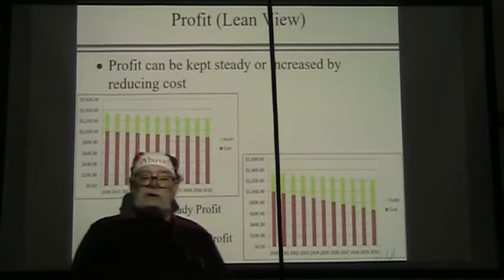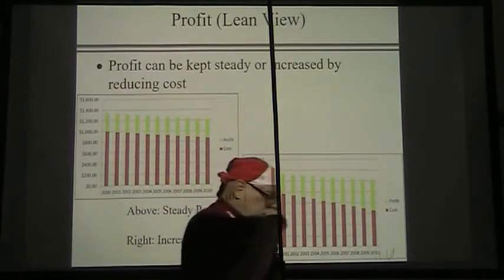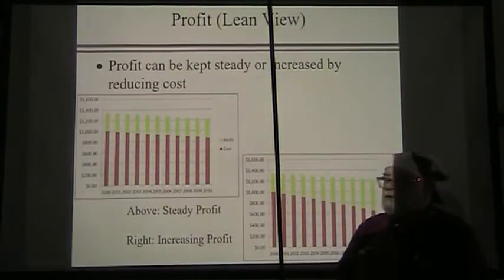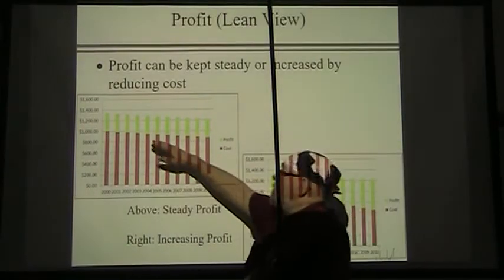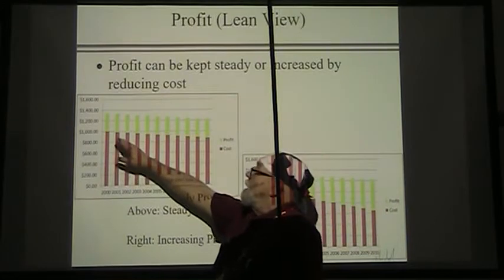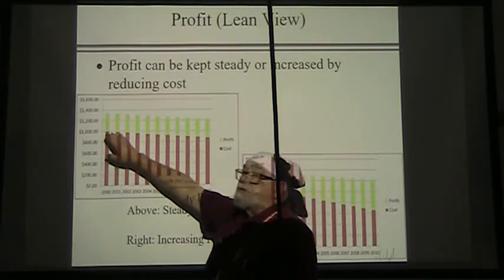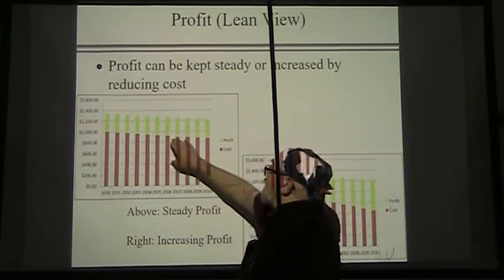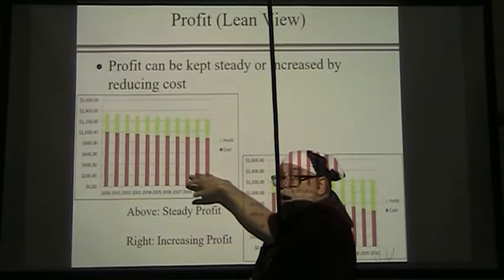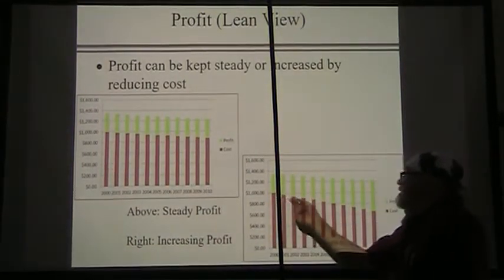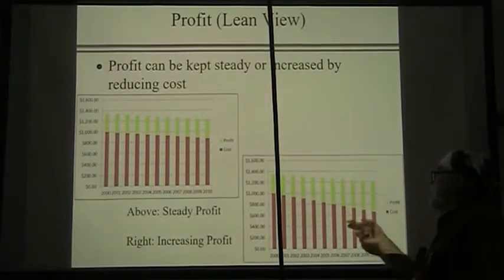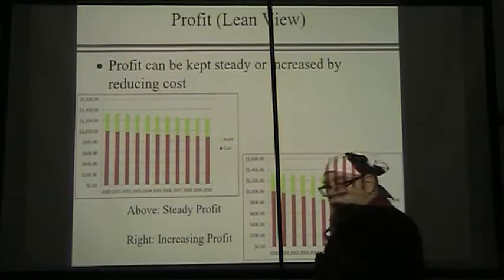Whereas the lean view of profit is that we are going to have either a steady amount of profit while we're reducing our cost, or we have increasing profit while we're reducing our cost.